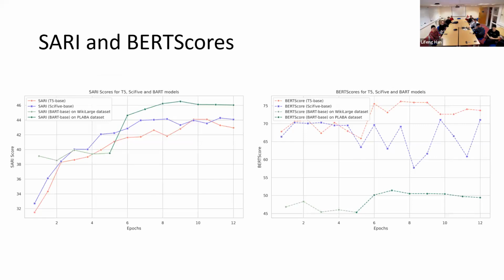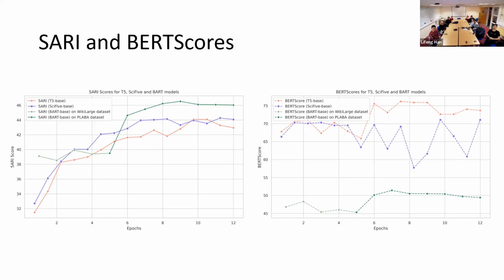So here we plot the metric scores, the SARI score and the BERT score, based on the epochs. What is interesting is that the BART SARI score is going up quite impressively after it starts to be fine-tuned on the PLABA dataset.